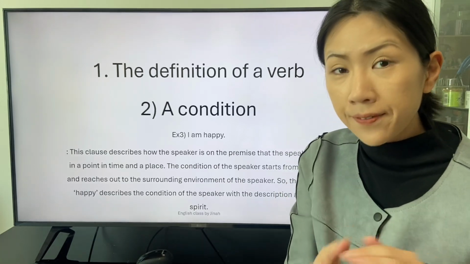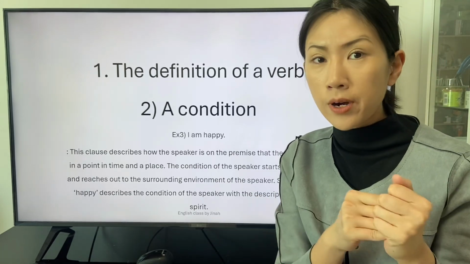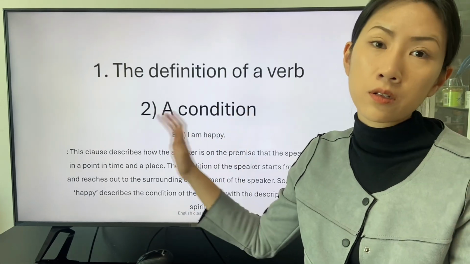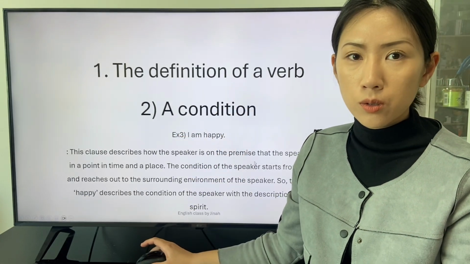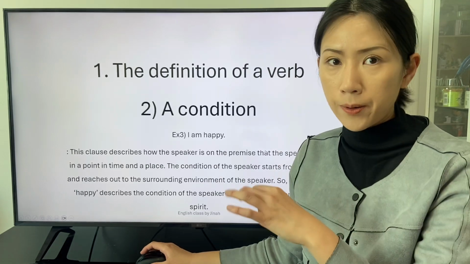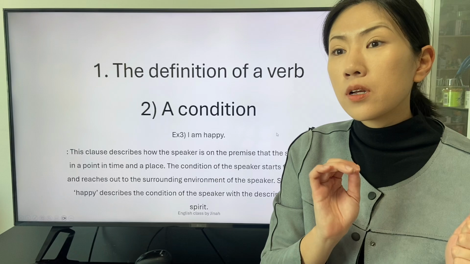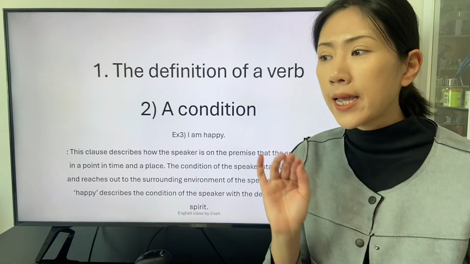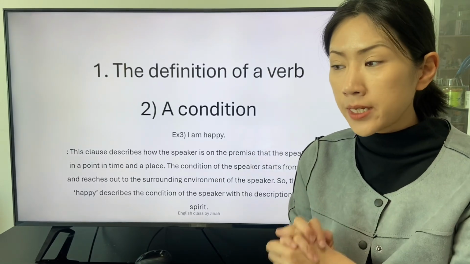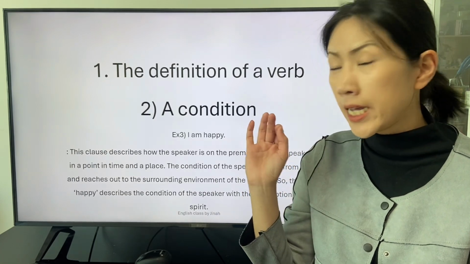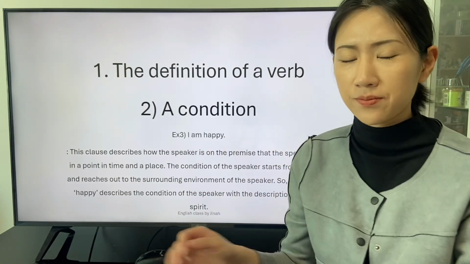The adjective happy describes the subject of the clause. The subject is the speaker. And the adjective happy as a subjective complement describes the spirit, the inner state of the speaker.